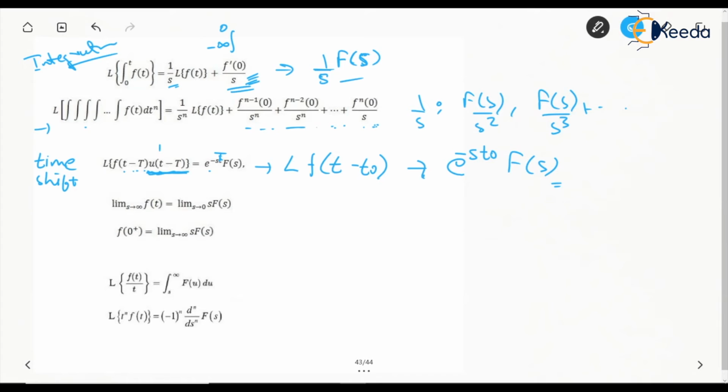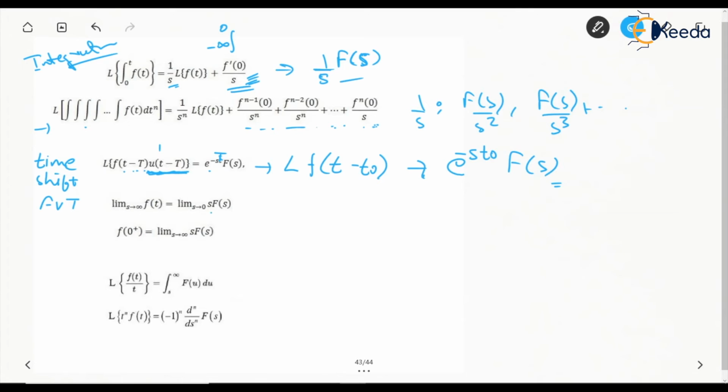So this is the time shift we have, and this is the final value theorem. If we want to find the value of f of t as t tends to infinity, then we can find the Laplace transform, multiply it with a factor of s, and take the limit s tends to 0.